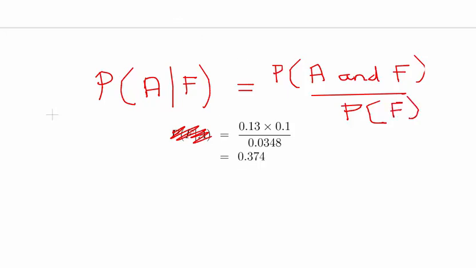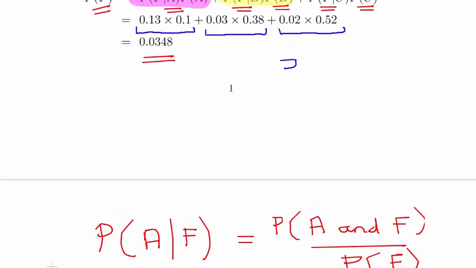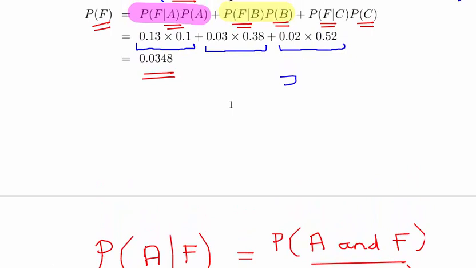Now, essentially what we're using here is information that we've gathered above. So that's the first value there, 0.13 times 0.1. And then we're also using this here. Literally we're just picking out that term there and that term there.